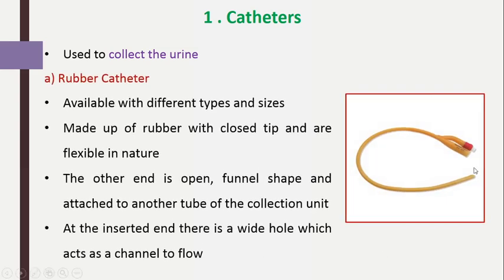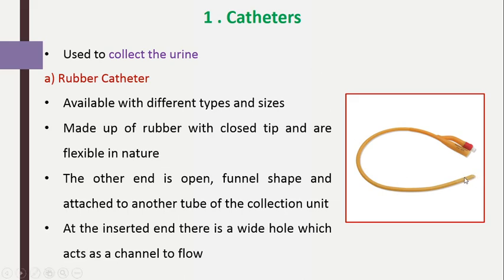You can see in this picture this is a rubber catheter, which is available in different types and sizes. The number given to a particular catheter depends on the size of this rubber catheter. It is prepared using rubber material, with a closed tip.